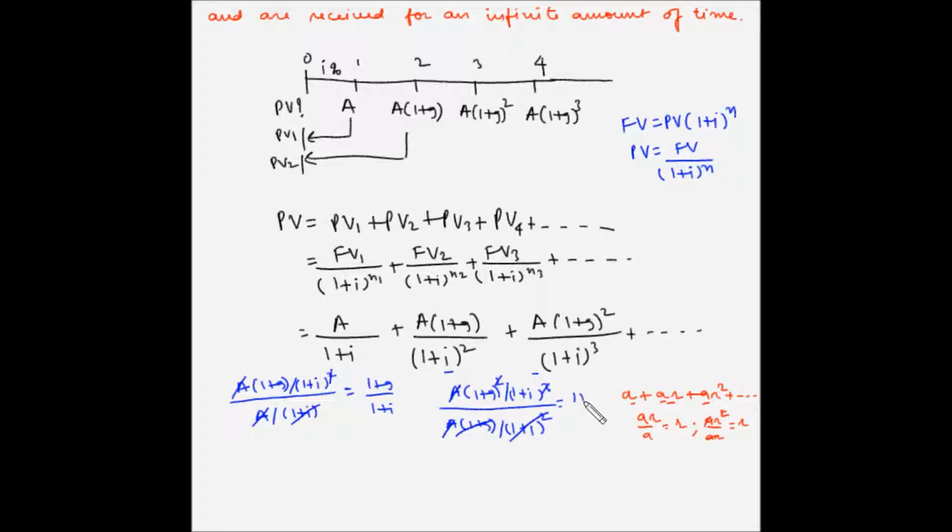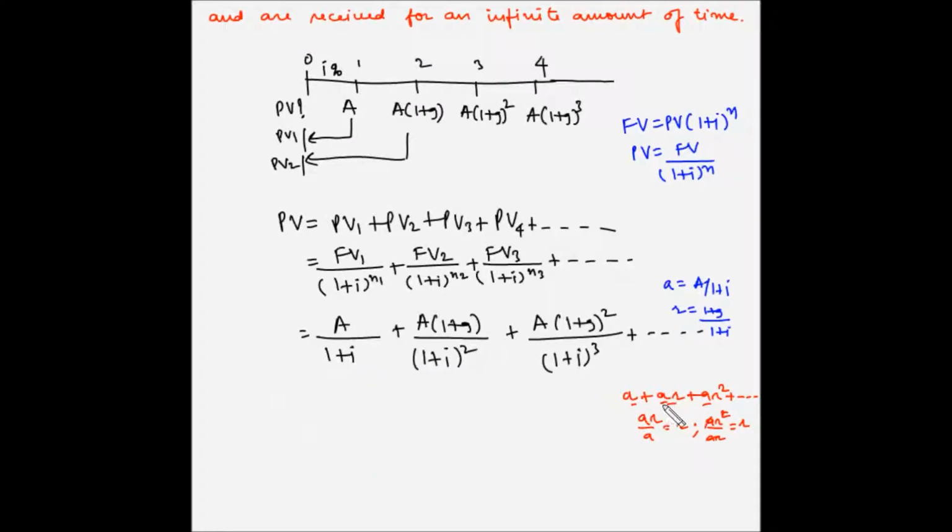So this becomes (1 + g) divided by (1 + i). So basically this is also in the form of a geometric series where a is the first term, which is A divided by (1 + i), and r is the ratio of two consecutive numbers, which is (1 + g) divided by (1 + i). Let me erase this portion.